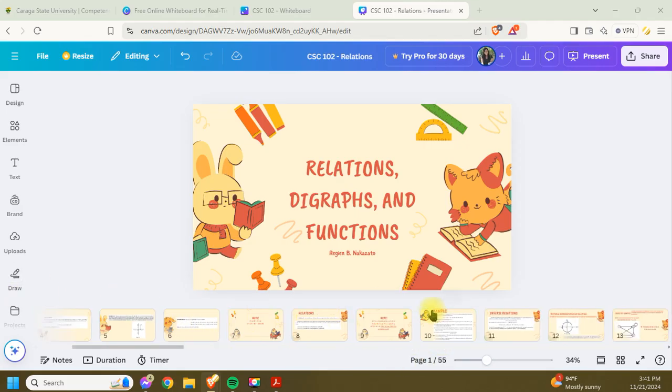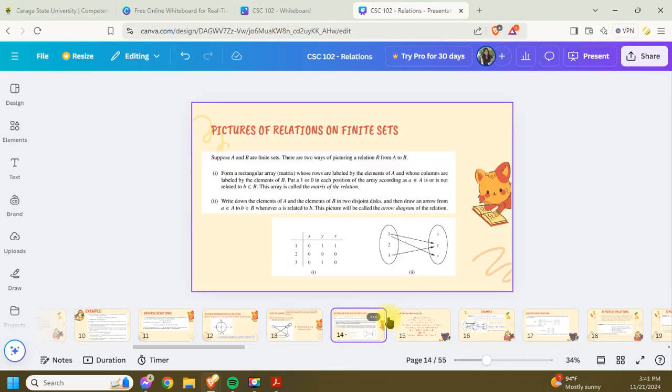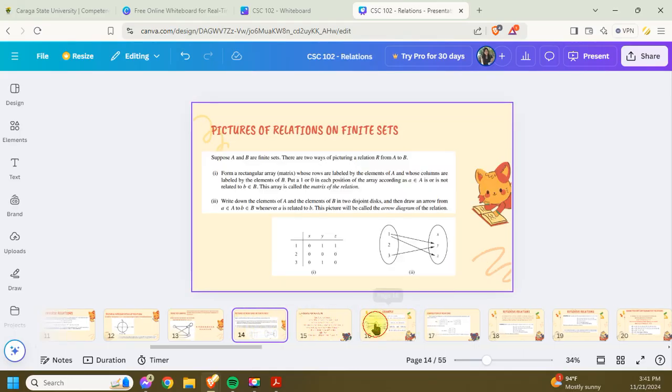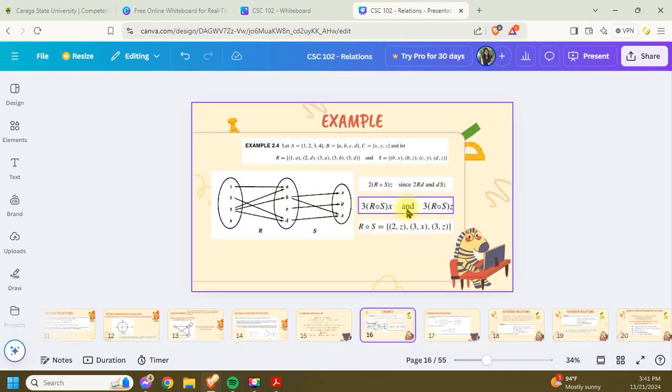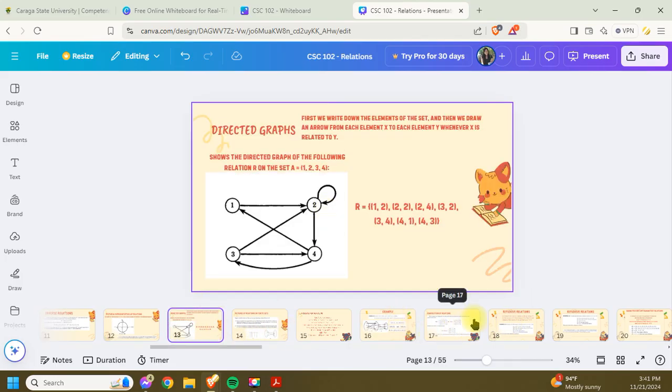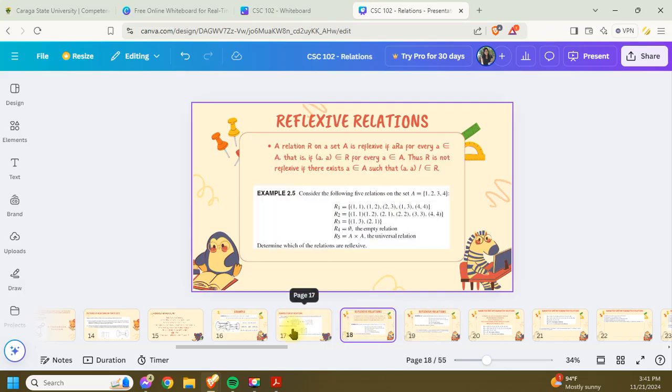Okay. So, the last time we talked about relations and directed graphs. We talked about graphs and how to show relations in terms of a matrix, and of course graphs, no. And right now we will continue our discussion on reflexive relations.